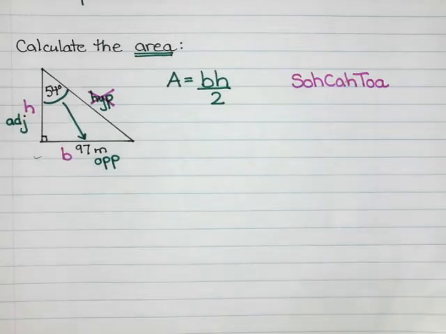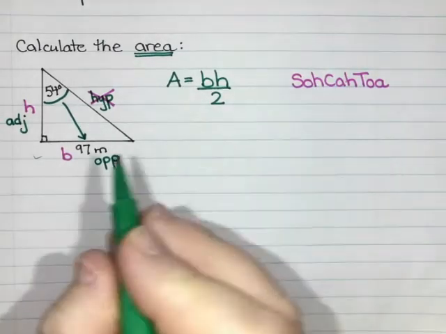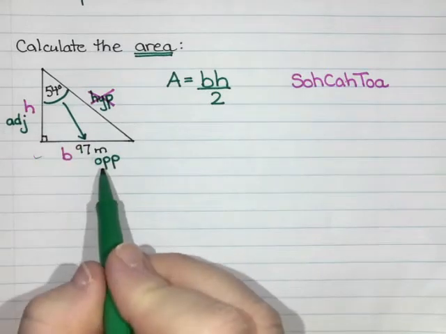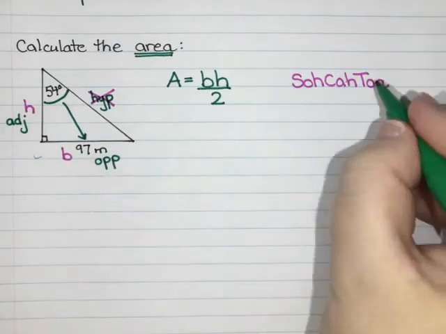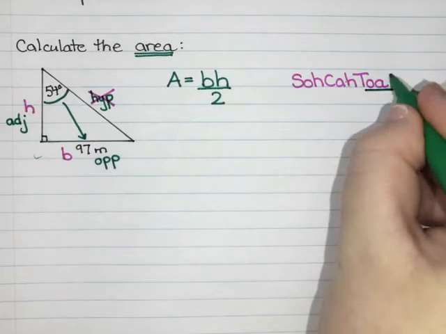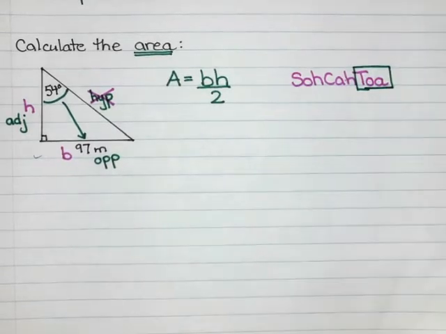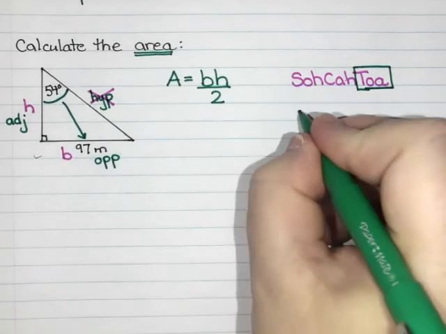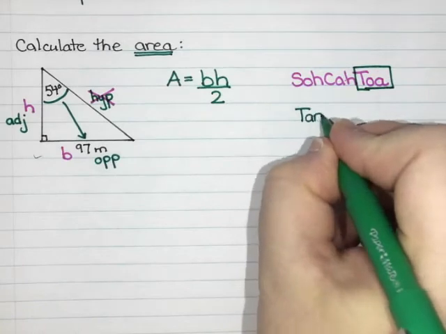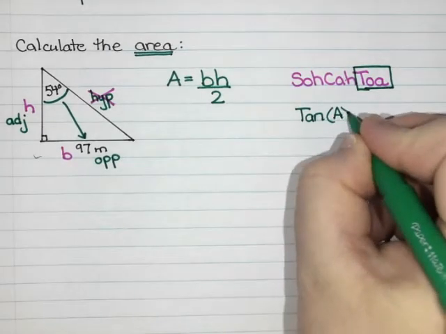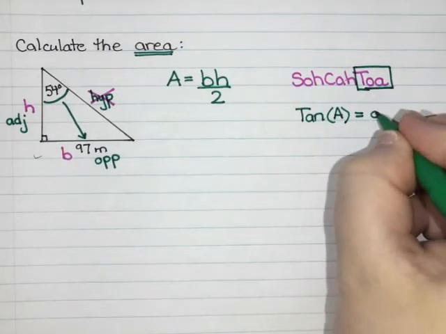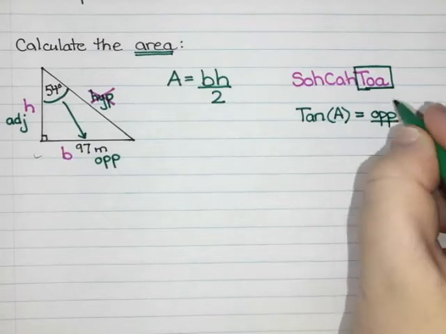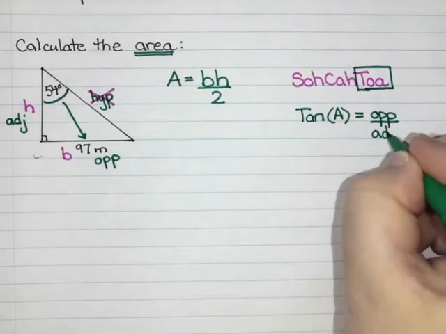SOHCAHTOA. So I know I've got adjacent and I've got opposite. So adjacent and opposite means we are going to be using tan. So I'm going to write tan of angle A equals O opposite over A adjacent.